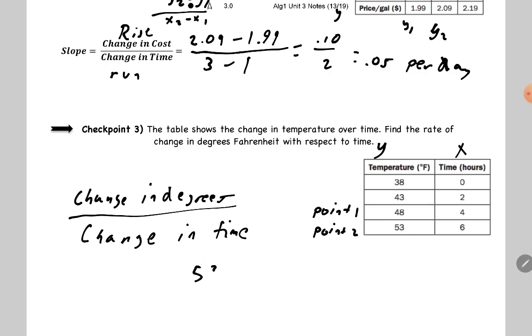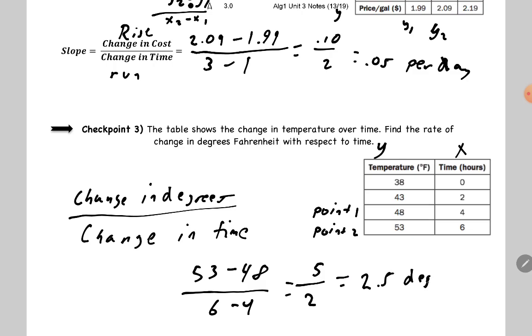So I'm going to do 53 minus 48 divided by 6 minus 4, which equals 5 over 2. So it goes up 5 degrees every 2 hours, or every hour it goes up 2.5 degrees.